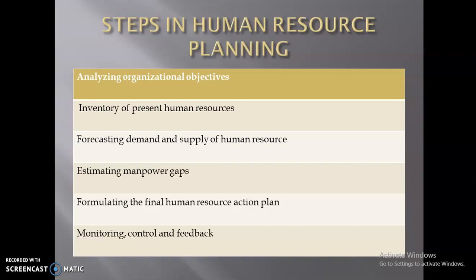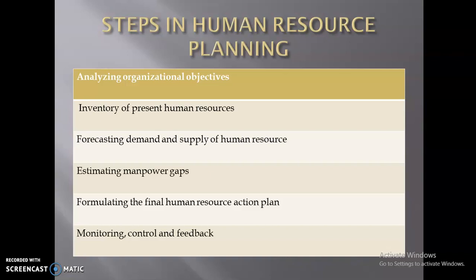What is the action plan that I am going to take to formulate the final human resource action plan accordingly? According to the plan, it may be finalized either for new recruitment, training, interdepartmental transfer, in case of termination or voluntary retirement of an employee, or redeployment in case of surplus.